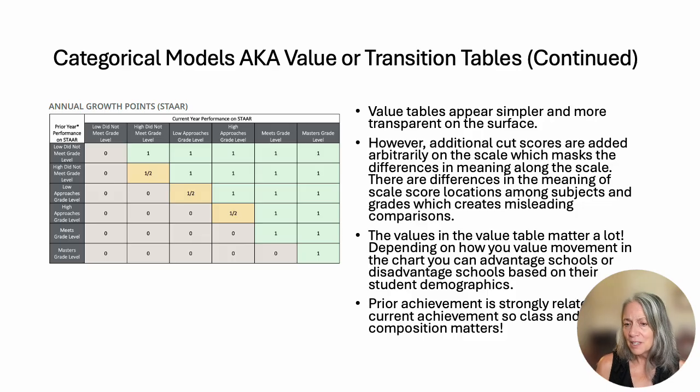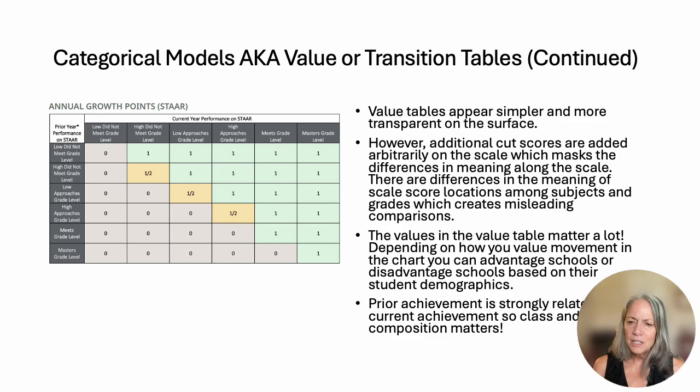So the values in the table matter a lot if they're not reflecting those differences and they're just based on criteria tied to standards. They are doing the same thing that the achievement levels do in the first place. They don't provide additional information.